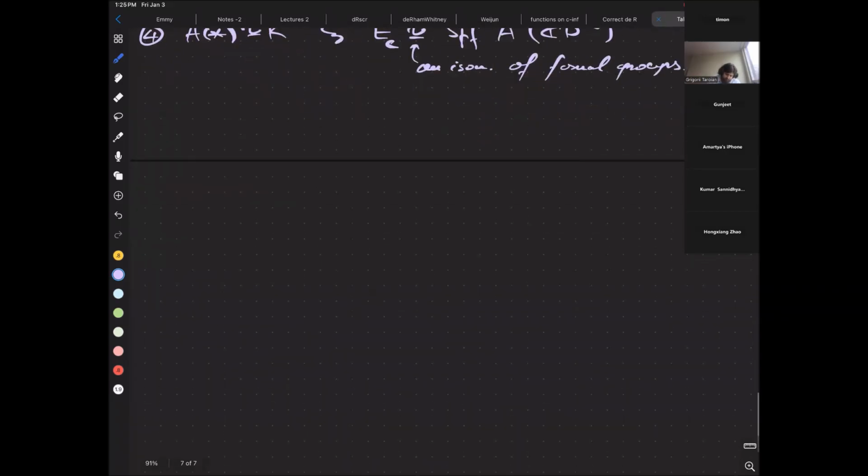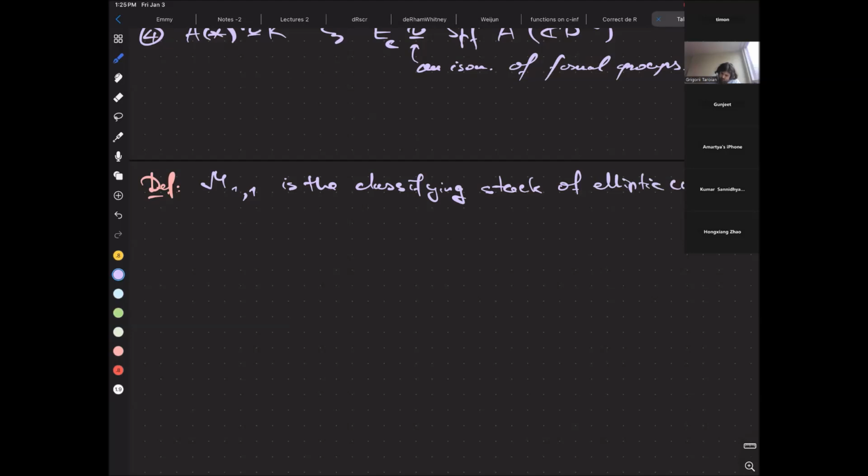So, definition: M_11 is the classifying stack of elliptic curves.